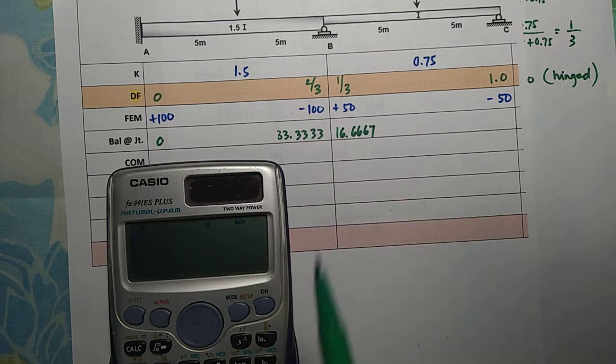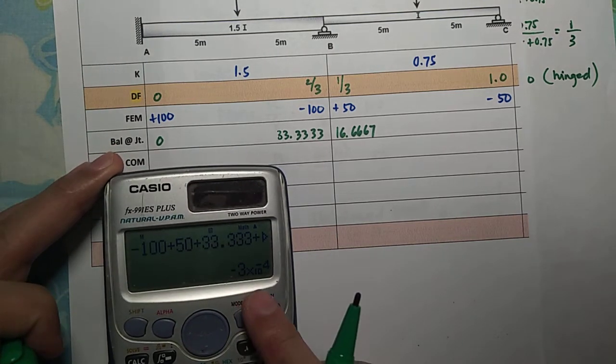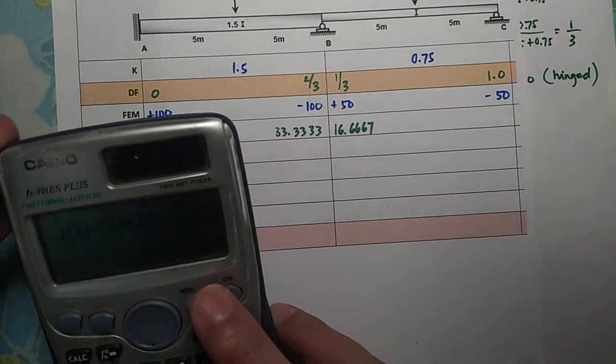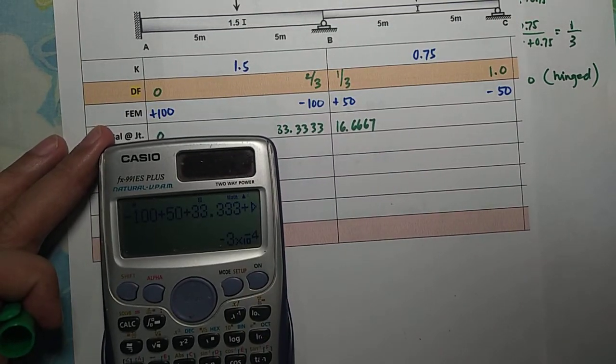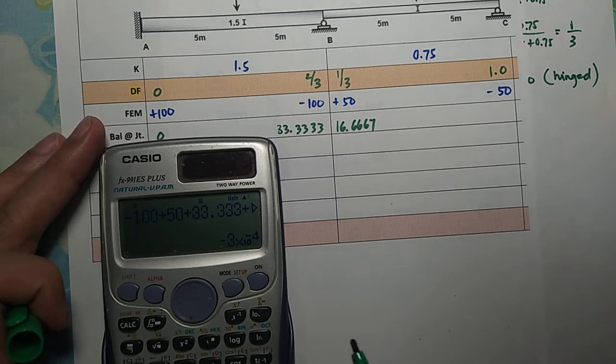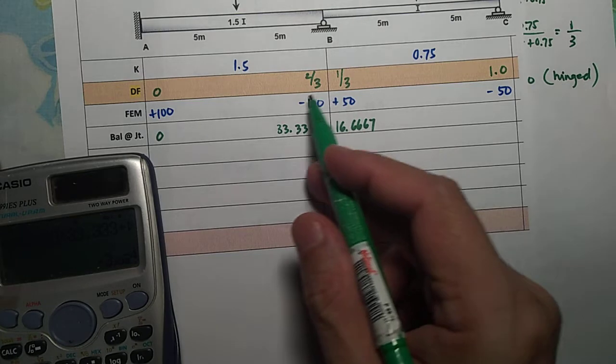Negative 100 plus 50 plus 33.333 plus 16.6667. So, oops. The answer is almost 0. Ayun, no? Negative 0.0003. So, almost a 0. Okay? So, okay na yan.